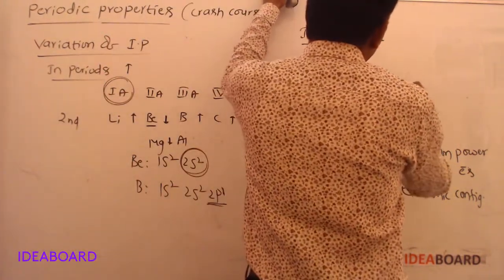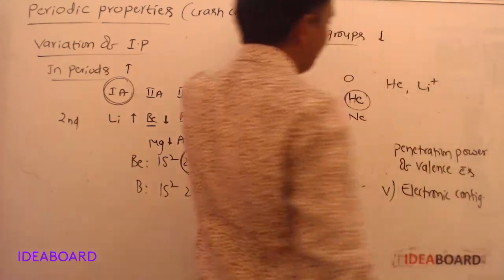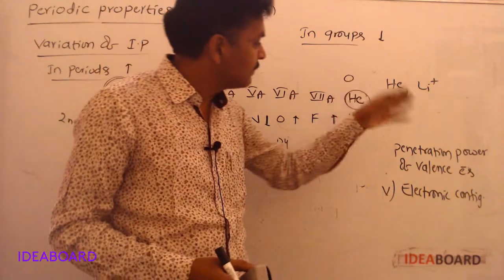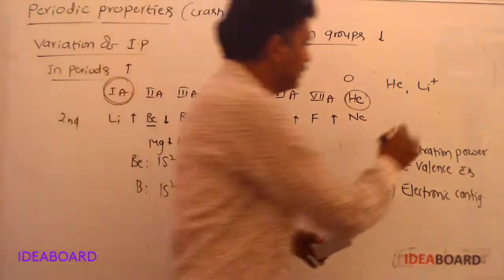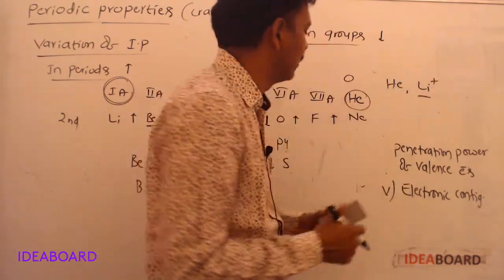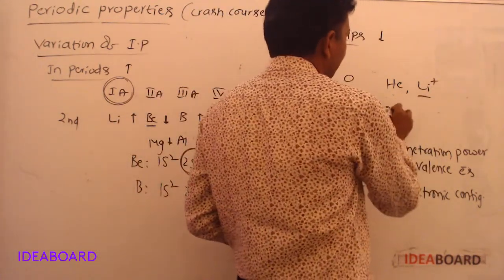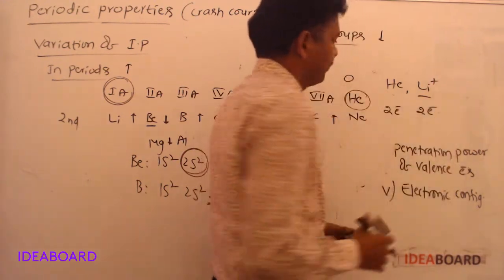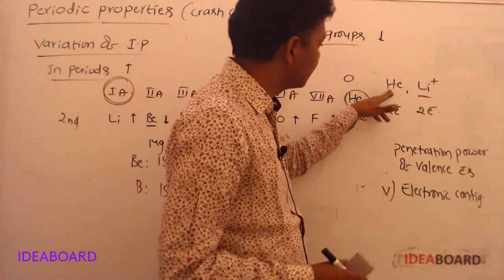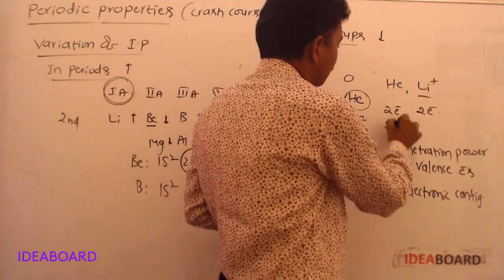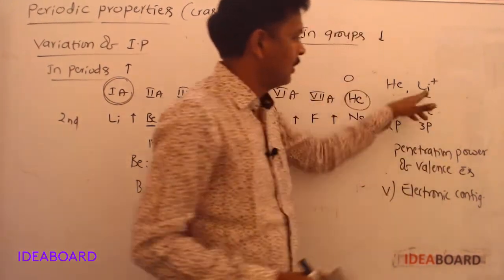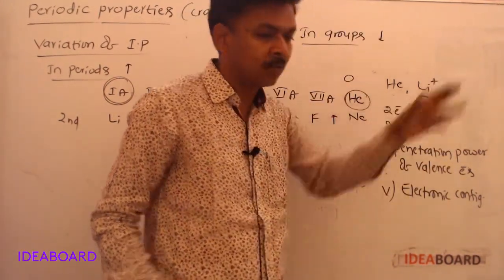Suppose we take helium and Li+; Li+ has a more IP value. The element with the highest IP value is helium, but Li+ is not an element, it is an ion. Helium and Li+ both have the same number of electrons, but helium has only 2 protons, while Li+ contains 3 protons.